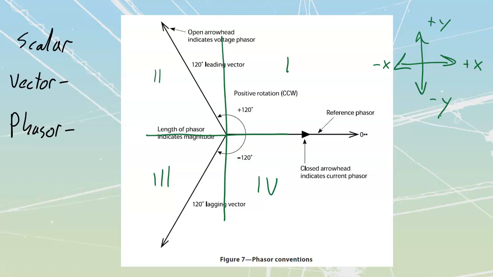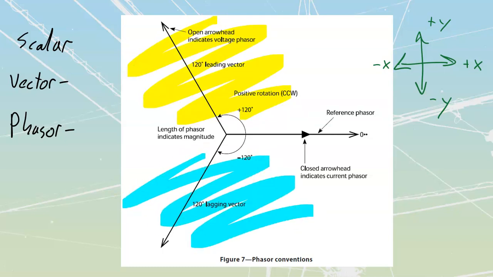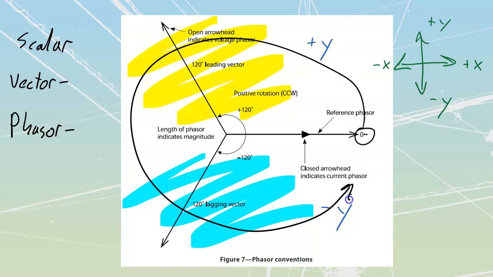We're just no longer going to draw the quadrants into the back of everything we look at. But what I do want to take a look at is the fact that this whole upper section is positive y, and this whole lower section is going to be negative y. So positive y, negative y type of state over here. The direction of our rotation, if we're looking at a positive direction of rotation, would always be starting from this 0 over here and rotating all the way around to the opposite side.